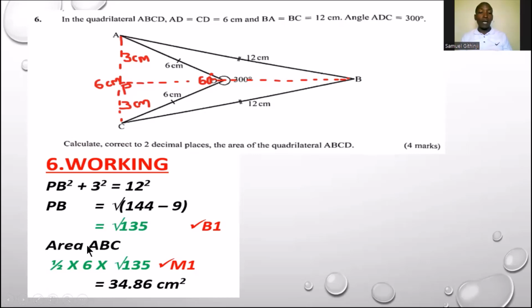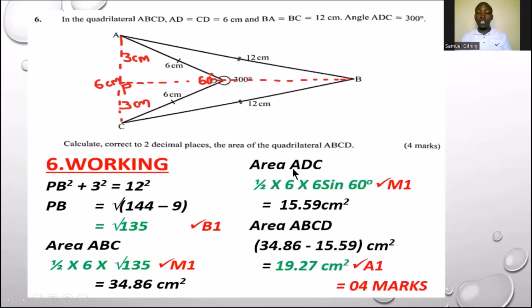The area of triangle ABC, the whole of it, the external part here of the figure, will be a half times base. The base is 6, multiplied by the new height. And having done that, my student, I get 34.86. Good.